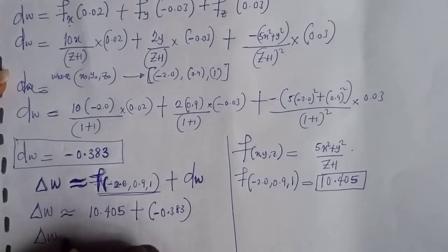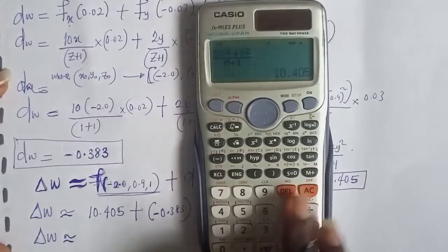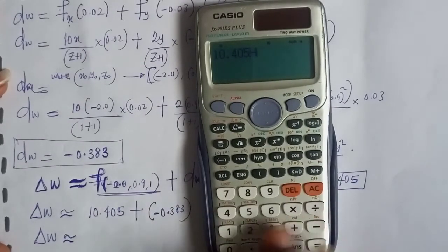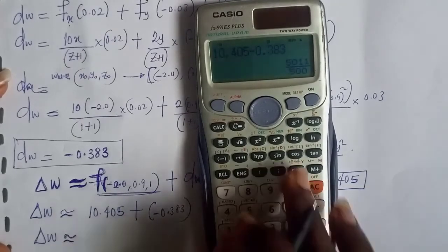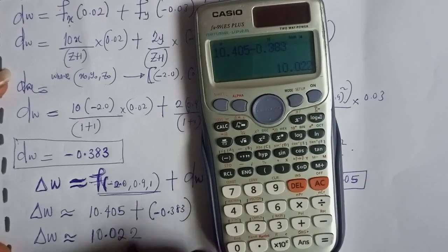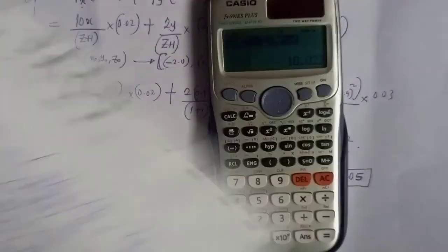So this gives the approximate for that expression: 10.405, plus times minus is minus 0.383. Final answer, I have it as 10.022. This is the approximate for that expression given to us in the question. So the correct answer is 10.022.